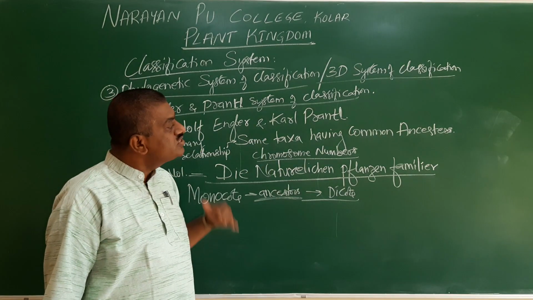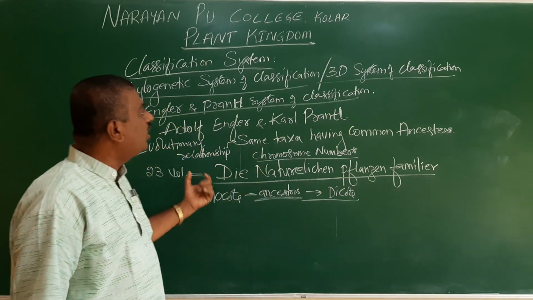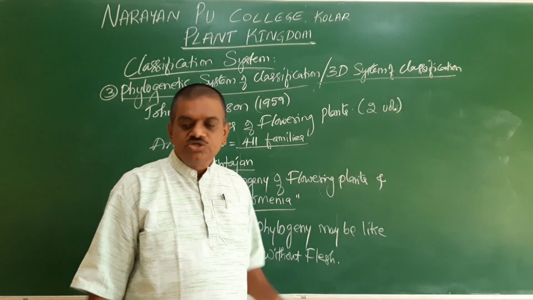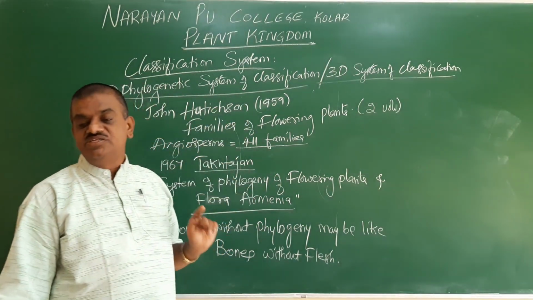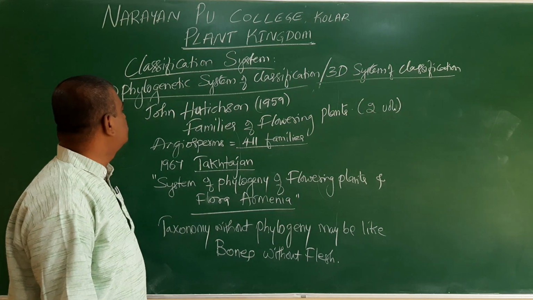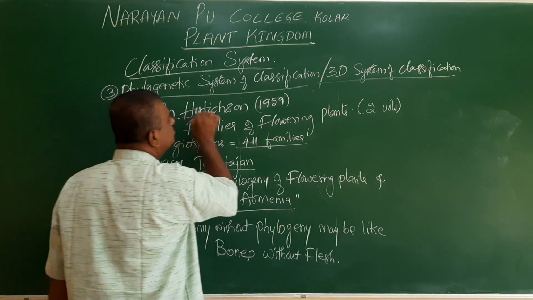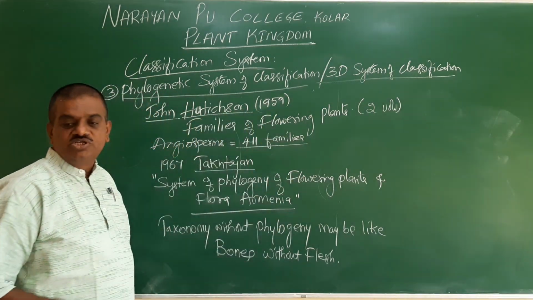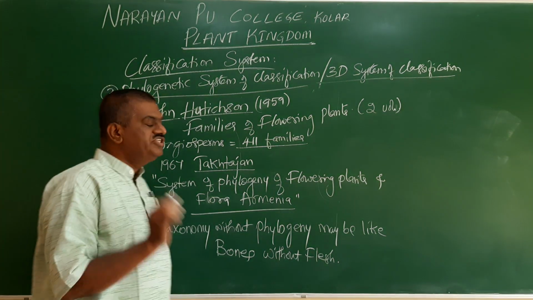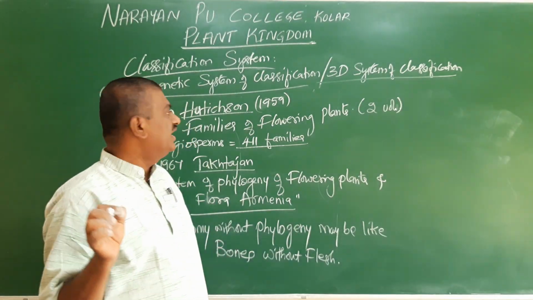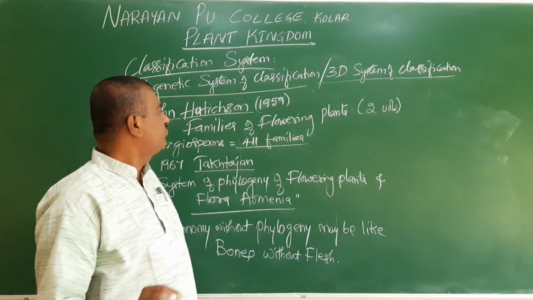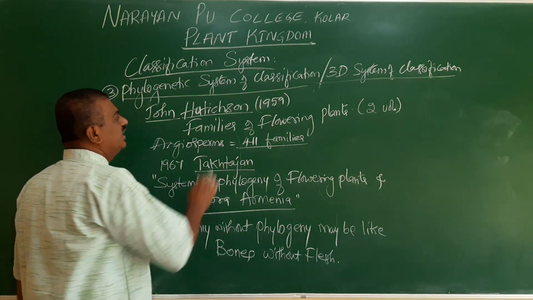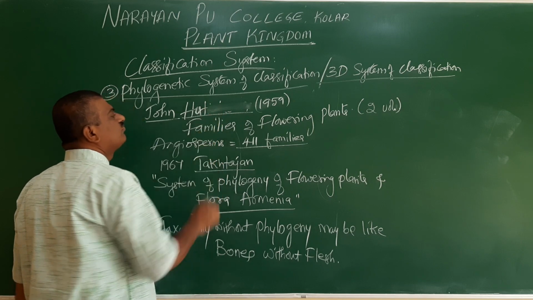So we go for some more different authors who have proposed phylogenetic systems. One is John Hutchinson, who proposed in the year 1959.